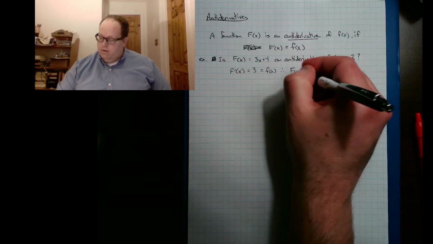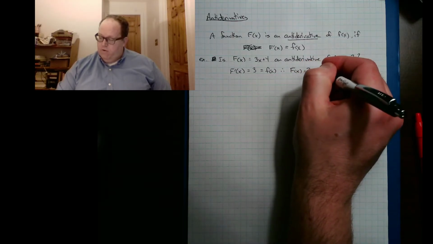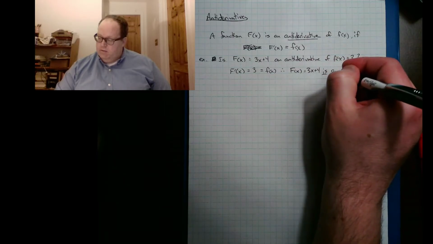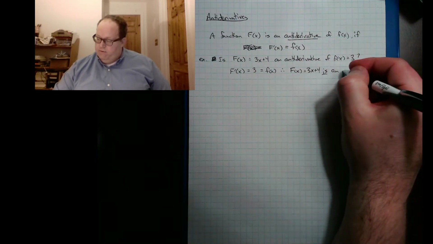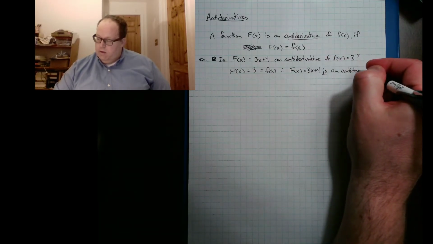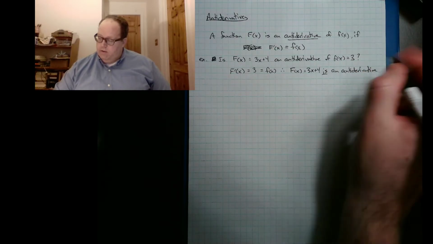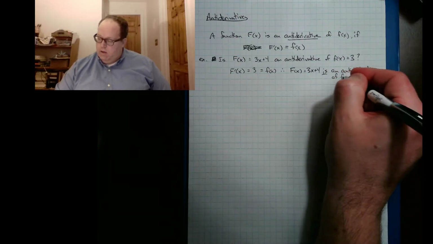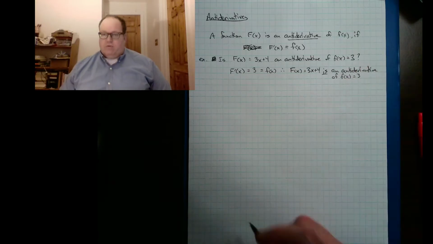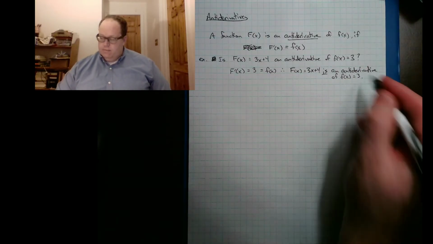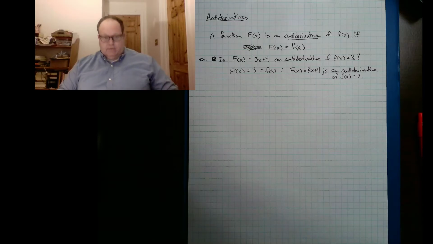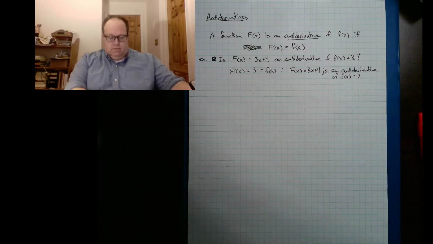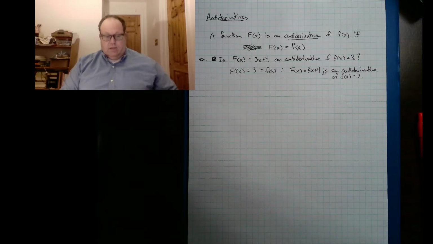Therefore, F of x equals 3x plus 4 is an antiderivative of f of x equals 3. And that was a fairly straightforward one. Sometimes you've got to do a little bit of work to work backwards through some of these.